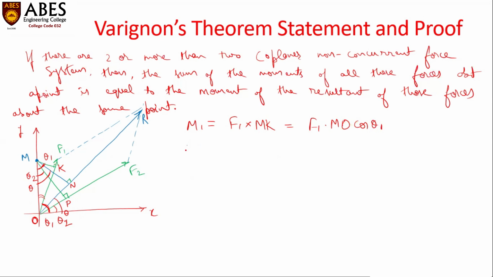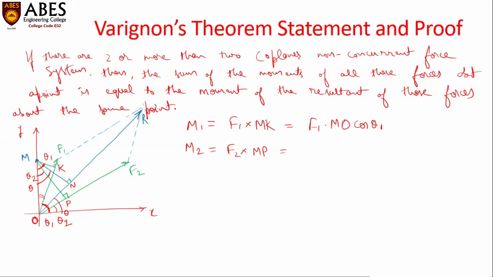Right? Similarly, what will be the value of the moment of the second force F2 about the point M? This moment M2 will be equal to F2 multiplied by the perpendicular distance. So this perpendicular distance is MP. Now MP can be written in terms of MO once again.